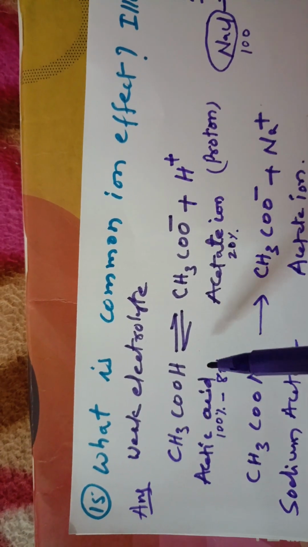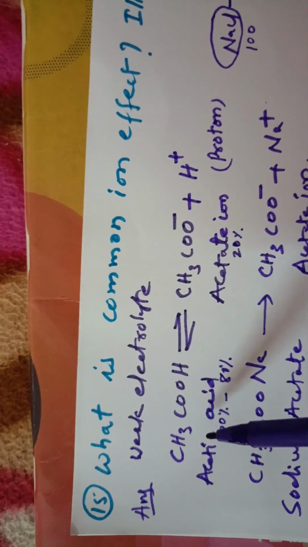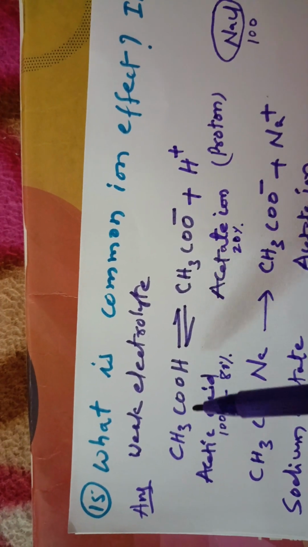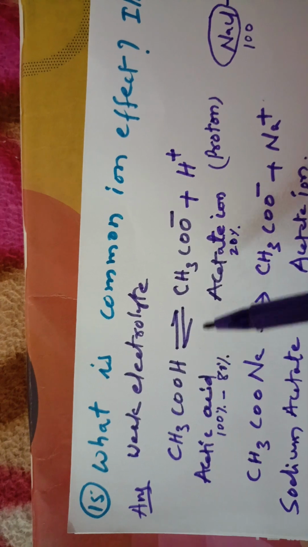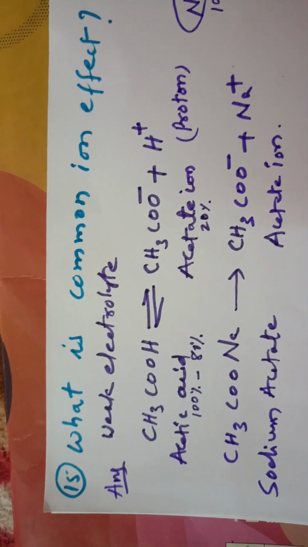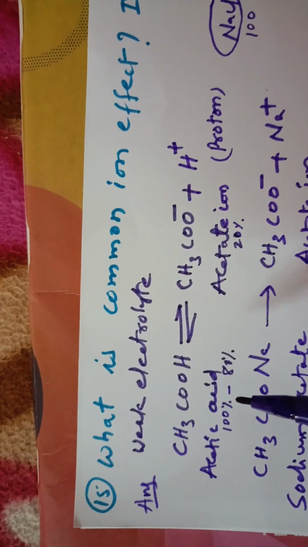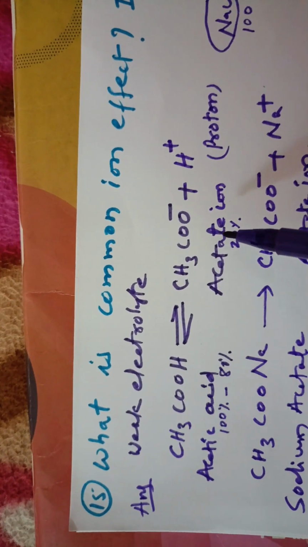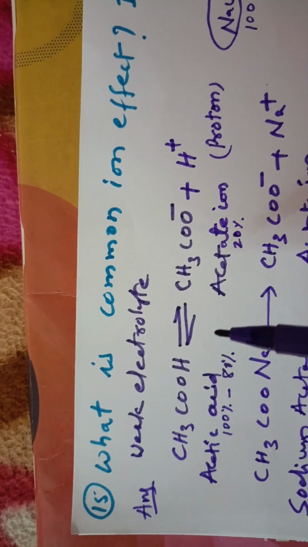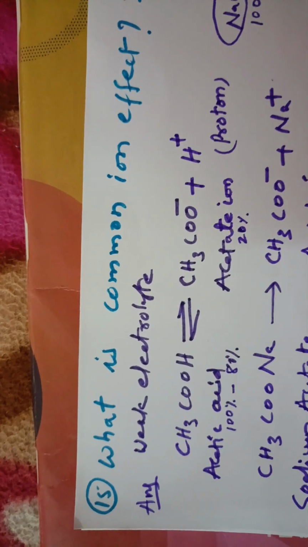In the backward reaction, acetic acid molecules are formed. Both rates are the same. Forward rate and backward rate are the same at the equilibrium position. So after some molecules dissociate, it attains the equilibrium position.